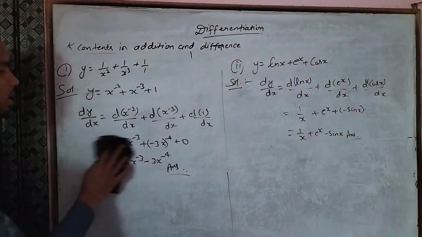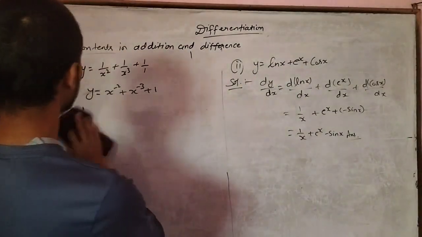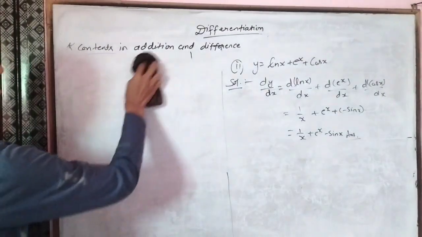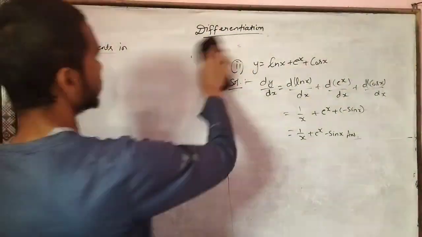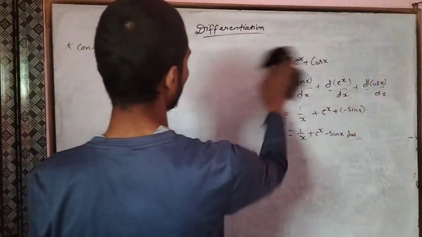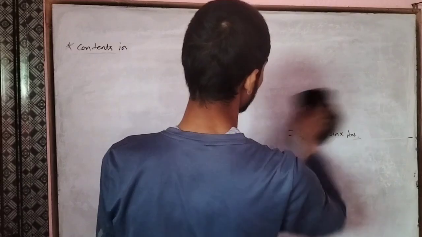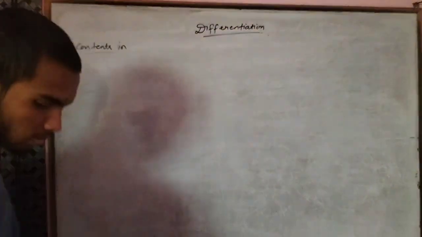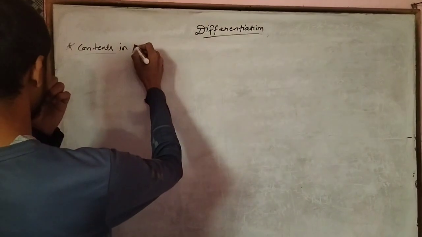Now functions are in multiplication. This is the third rule: functions are in multiplications.